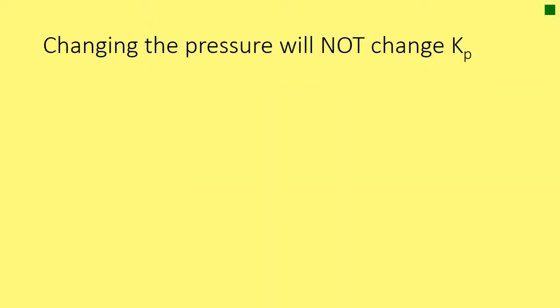So now, considering the effect of changing the pressure on Kp, what we're saying here is that changing the pressure will not change Kp, which might be counterintuitive, but it's true, and let's work out why. By considering the same reaction, we've got 2 moles of sulfur dioxide reacting with 1 mole of oxygen, and that's all in equilibrium with 2 moles of sulfur trioxide.